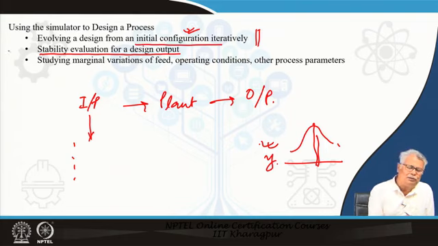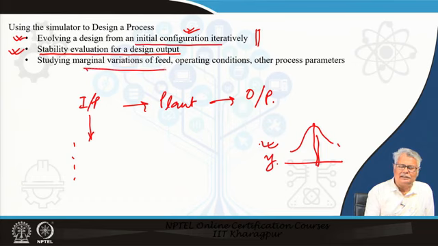So, definitely we can also do stability studies. And obviously, the marginal variation effects of the feed, operating conditions and other process parameters, including the financial calculations, can be done using the simulator also.